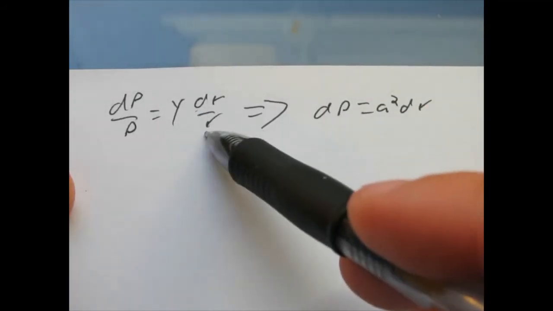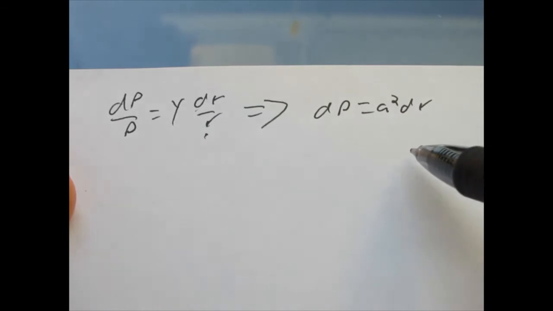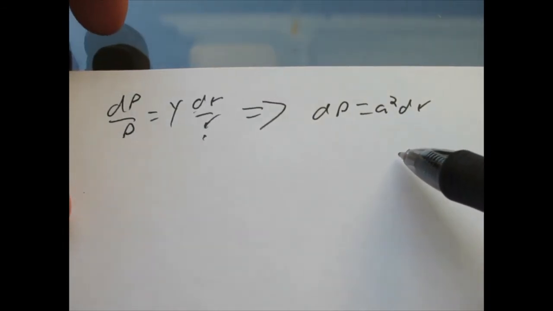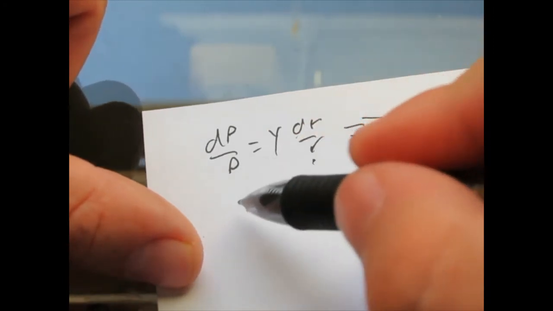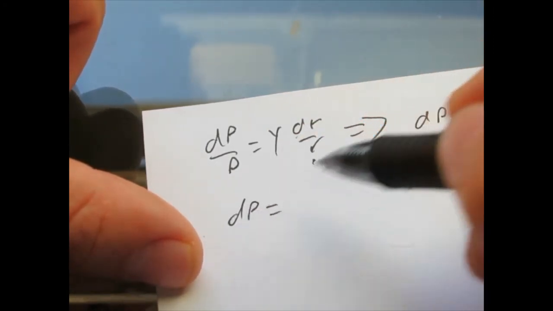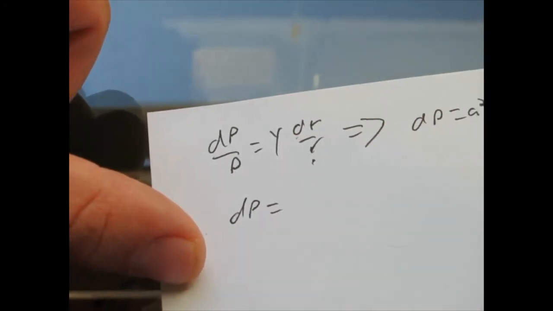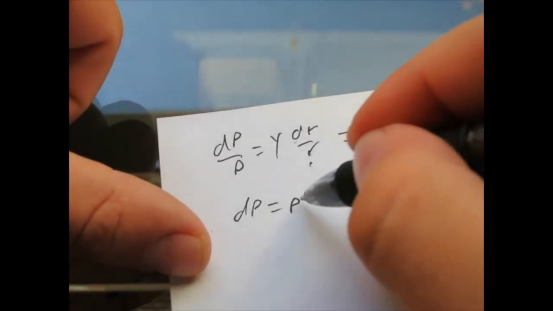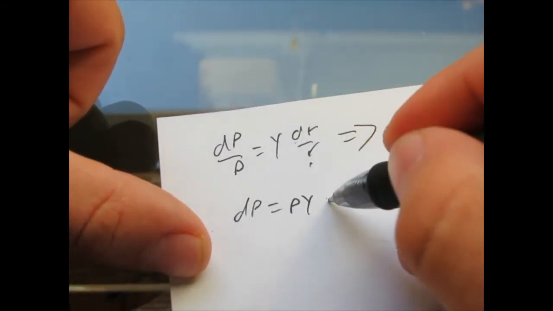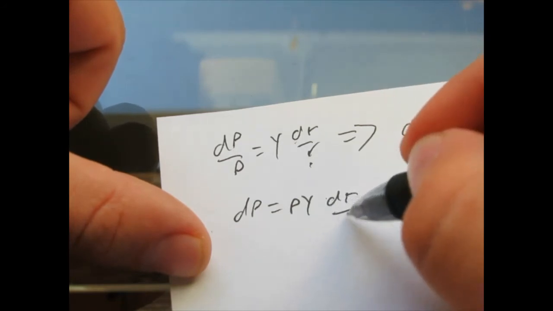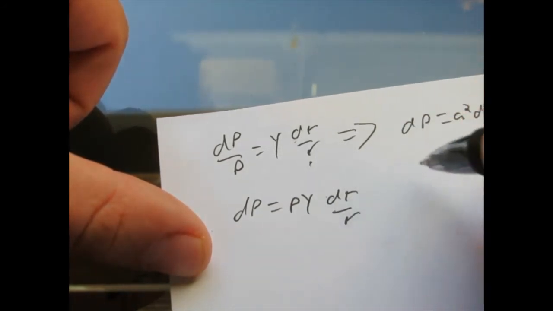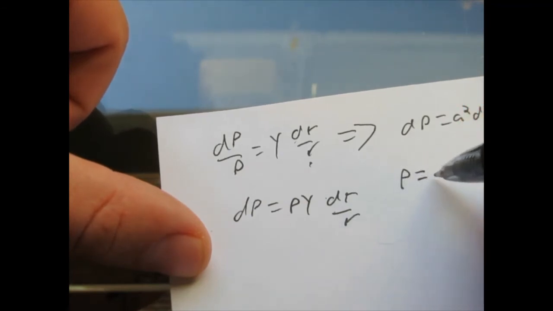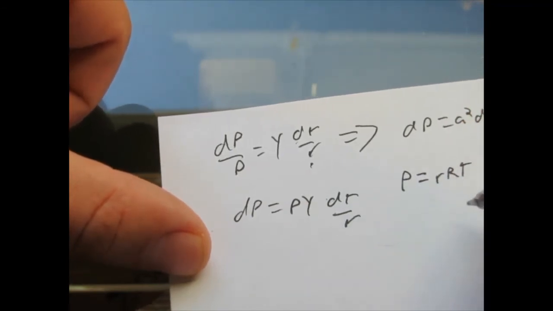Alright, so now we want to take this relationship and convert it into this. So what we're going to do is take dP equals, then we're going to multiply the P to both sides, gamma P d rho divided by rho. And then, back to our equation of state, P equals rho RT.